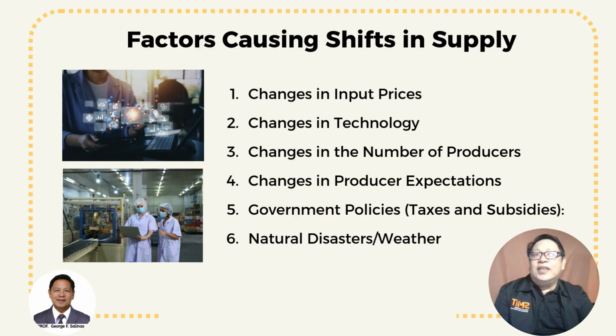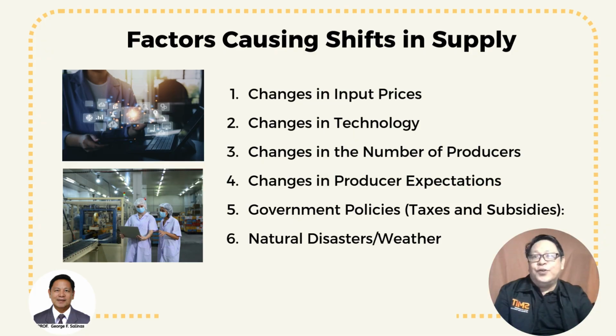A decrease in the cost of raw materials, labor, or energy increases the profitability of production, causing an increase in supply. Second factor, changes in technology. Improvements in production technology make the supply of goods more efficient and cheaper, typically increasing supply.